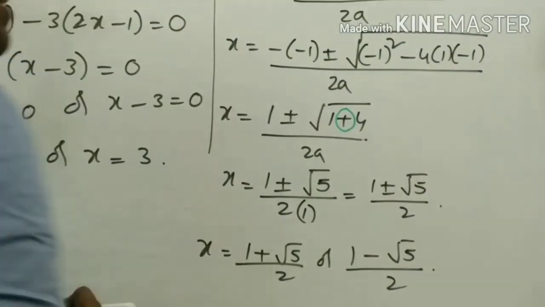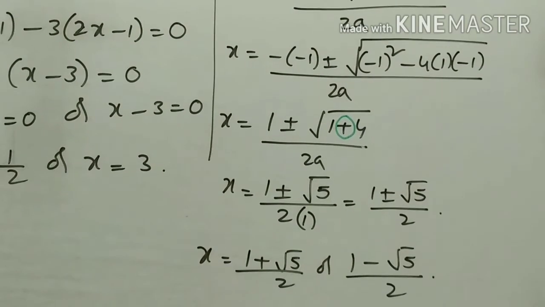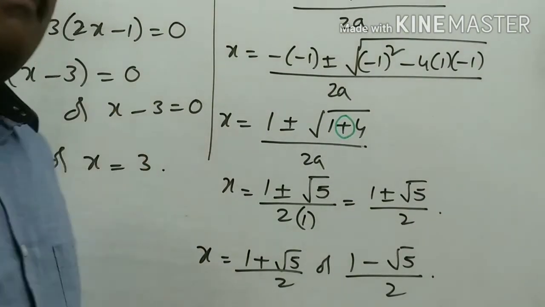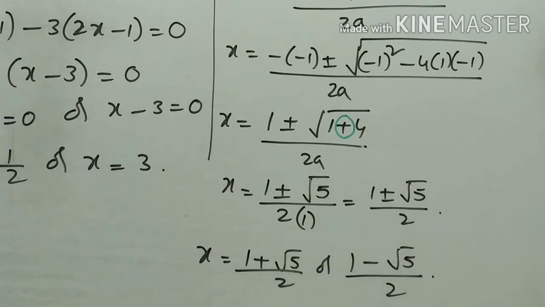Suppose you imagine that here minus 4 came, 1 minus 4, not plus 4. Then what will you write? Root of minus 3. Root of minus 3 is an imaginary number. Then 1 plus root of minus 3 by 2 gives imaginary roots.